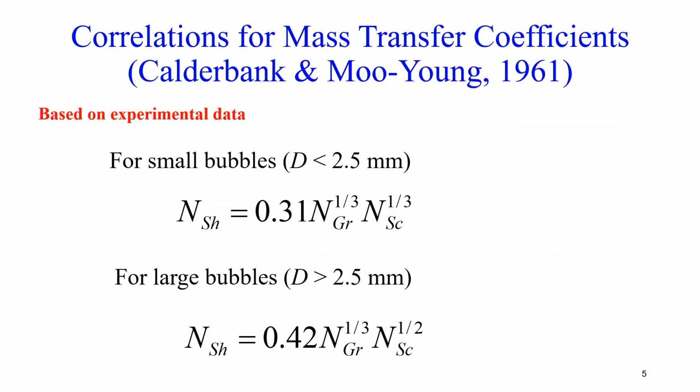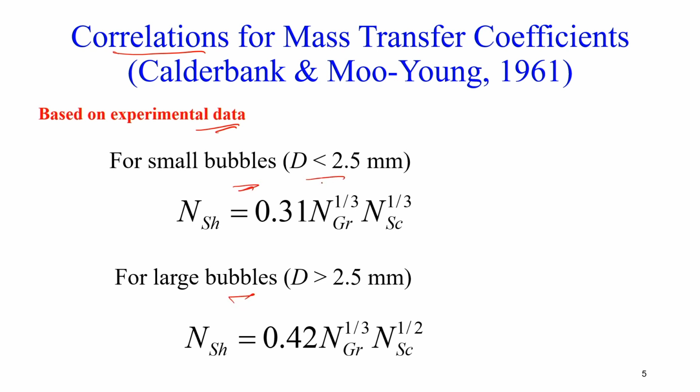Now the first correlation. As the word suggests, correlation means these relations are based on the experimental data. So we will be quickly discussing this Calderbank and Moo-Young correlation. It depends on the size of bubble.